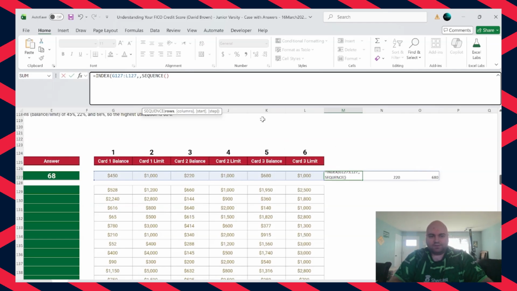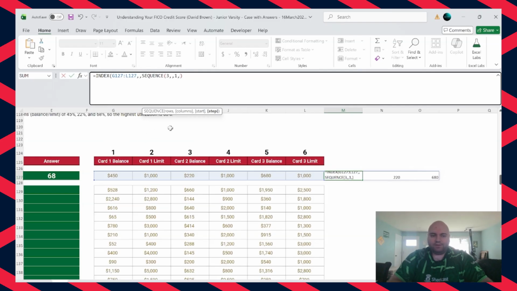So what are we concerned with? We would want how many total rows? Well, we have 3 outputs that we're looking for, so our rows will be 3. What is our starting index value going to be? Well, we know it's the balance, so it's going to be 1 here. And what we left off earlier was step, and how do I want my sequence to increment?